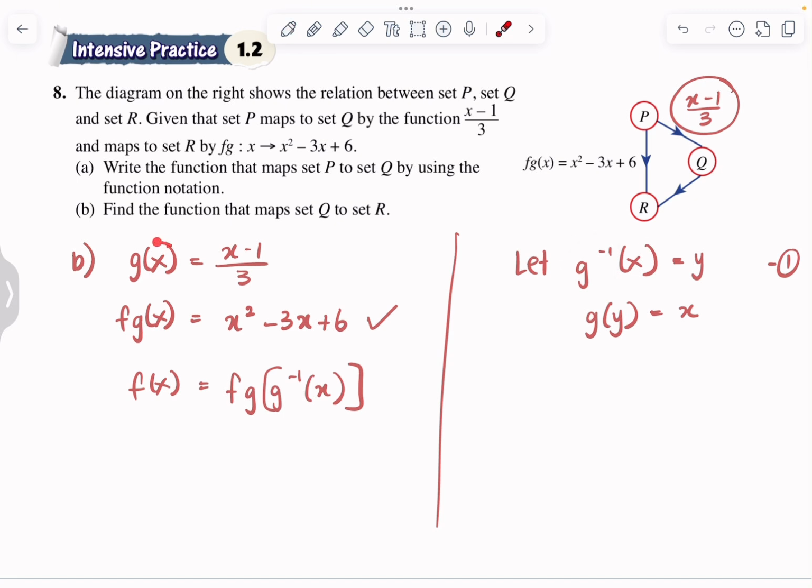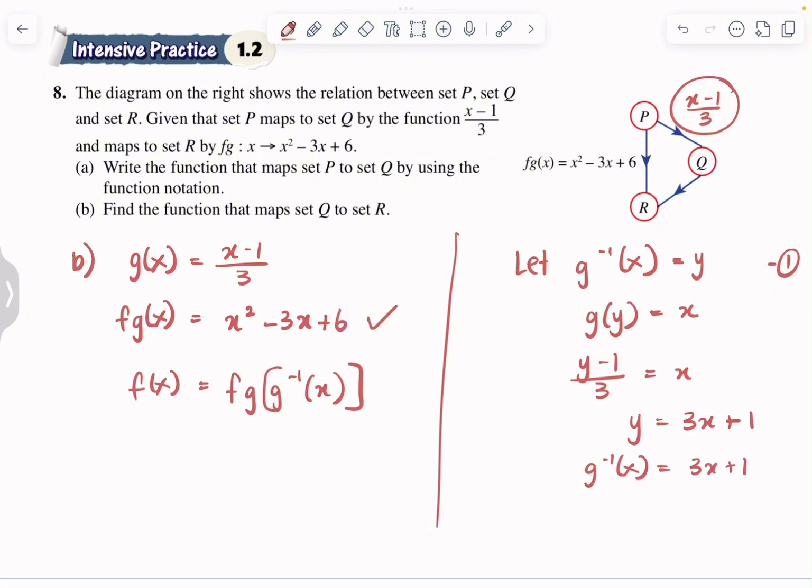So if g(x) equals (x minus 1) over 3, g(y) will be (y minus 1) over 3. Since we want g inverse x, we need to find y. Let's make y the subject. So y will be 3x plus 1. Therefore, g inverse x is 3x plus 1.